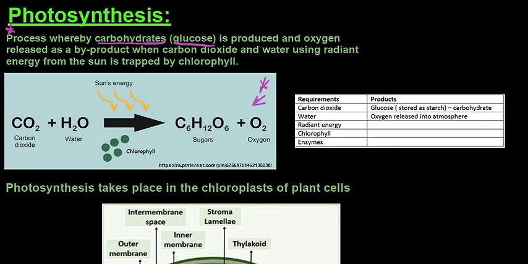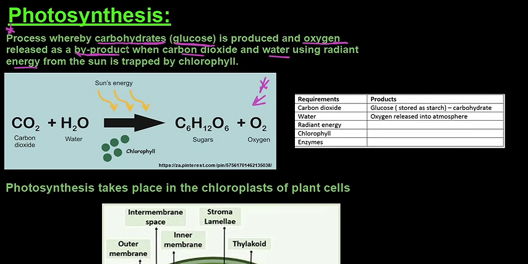But as this reaction takes place, oxygen is formed as a byproduct. It just happens to form, and that gets released into the atmosphere, which is great for us. So this is formed when we combine carbon dioxide and water using energy from the sun. So radiant energy from the sun.